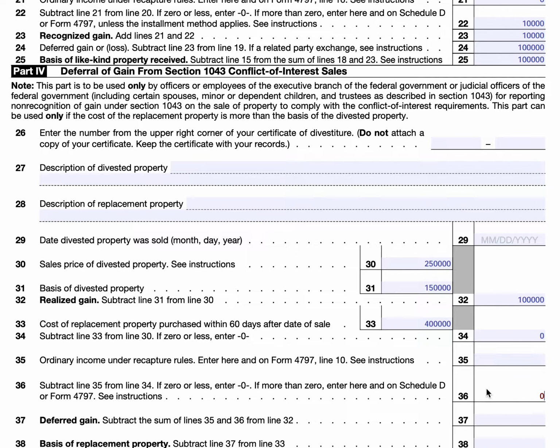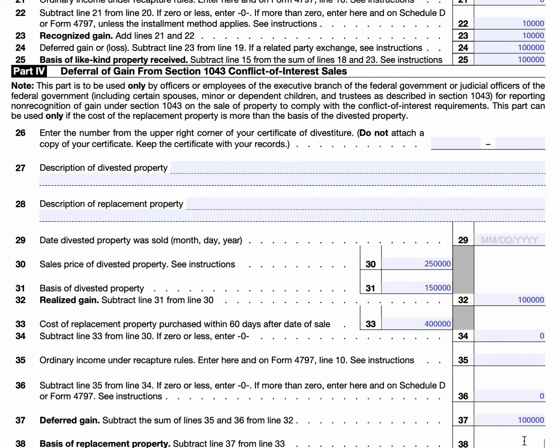If you invested in a qualified opportunity fund, then you would also report on IRS Form 8997, which is the qualified opportunity fund report. You would add lines 35 and 36 and subtract that total from line 32. And then you would subtract line 37 from the line 33 number.